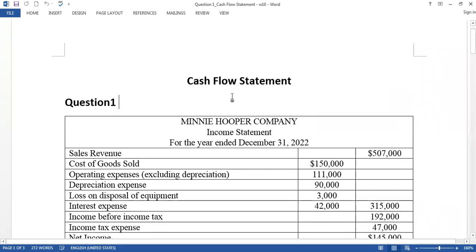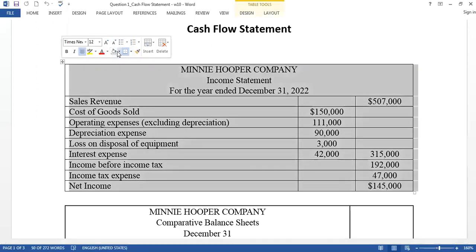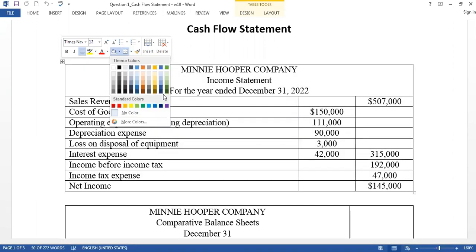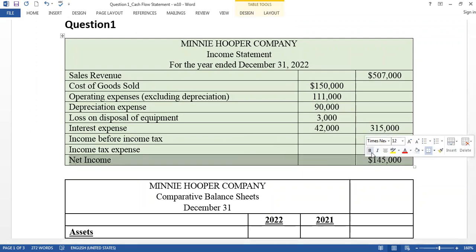When you find a cash flow statement question, first you will see that the question gives you an income statement. So this is the income statement, and from here you have to note down where the net income is.